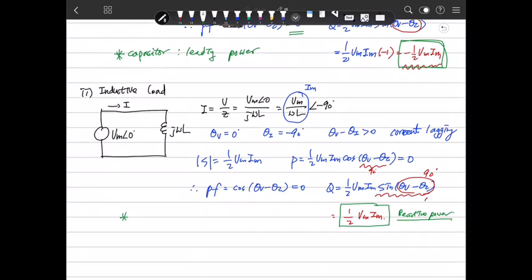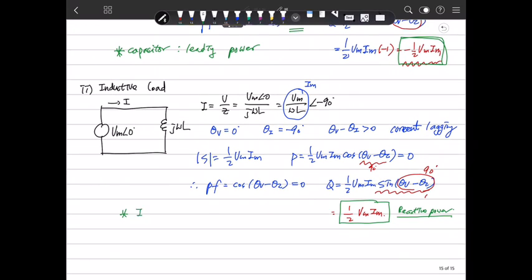So when it's the inductor case, it makes the lagging power.